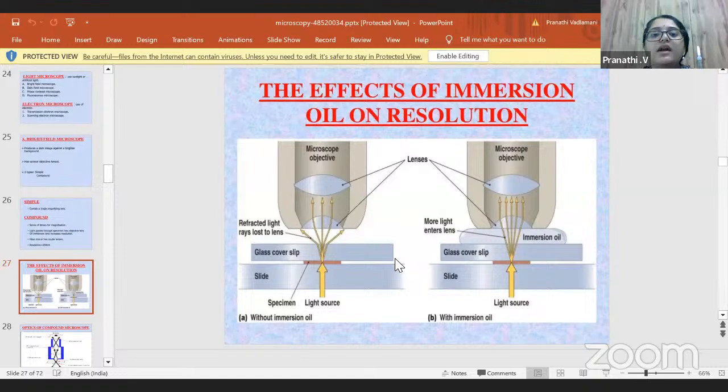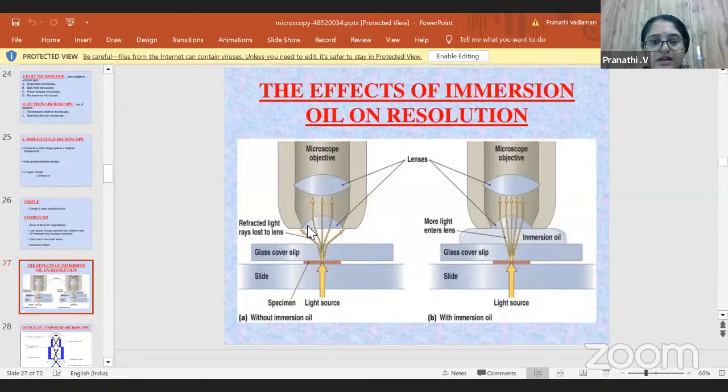What is the oil immersion going to be useful for? Without oil immersion, this is the light source, you have the glass cover slip over here, and this is the oil that is being used over here. This is the lens, right?